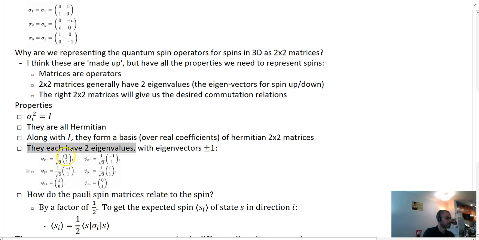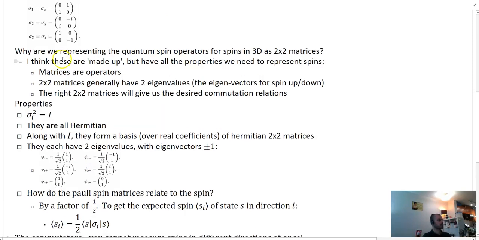Similarly, let's take this and multiply it by the sigma x matrix. Well, this just switches these two, but they're the same, so we get the same thing back. So this has an eigenvalue of +1 for our x Pauli spin matrix, and this will have an eigenvalue of -1, because since we got -1 and +1, when we switch them with this matrix, we get +1 -1, which is the negative of this. And similarly for y.